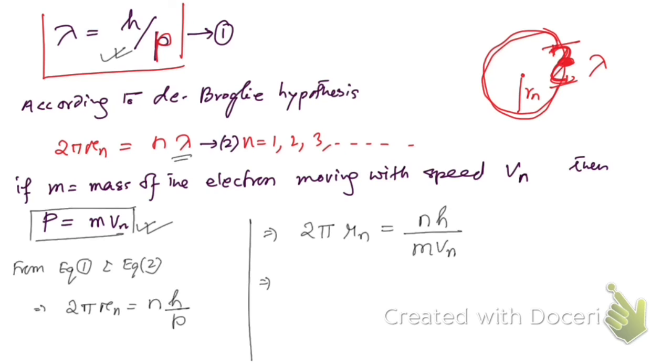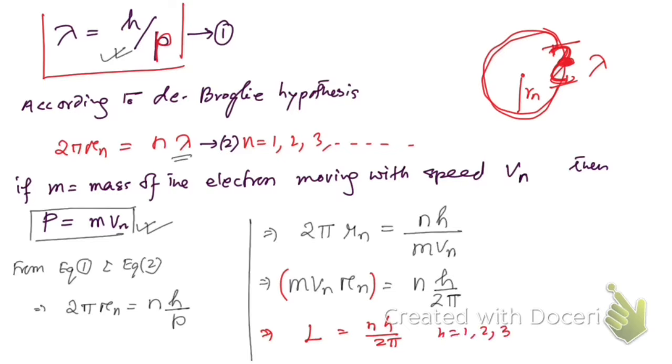Now if you simplify this, m Vn Rn is equal to n h by 2 pi. This is nothing but the angular momentum L, equal to n h by 2 pi, where n is equal to 1, 2, 3, and so on. So this is Bohr's quantization condition.